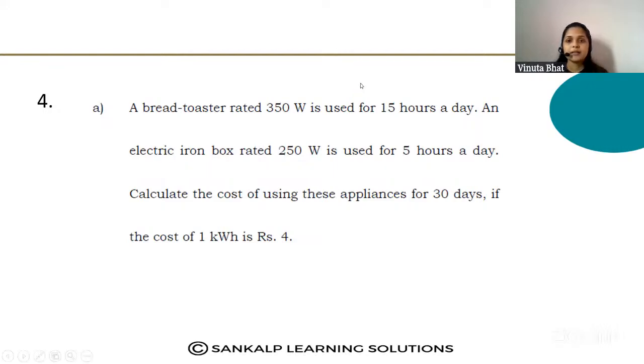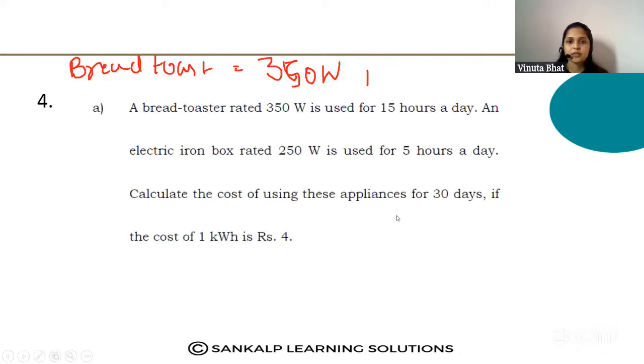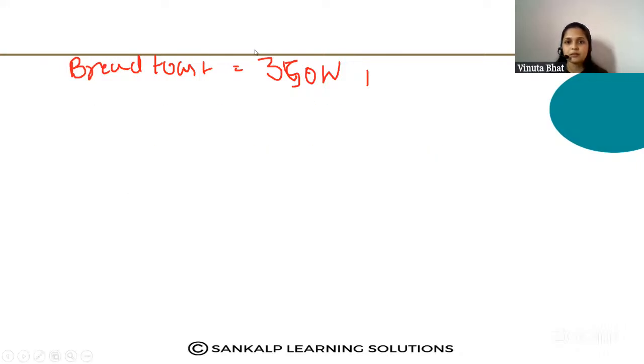Okay, let us write down the given data. Bread toaster rated, what is the power of the bread toaster? So that is having 350 watt power. Then how many hours in a day it is used? It is used up to 15 hours in a day. T is equal to 15 hours.